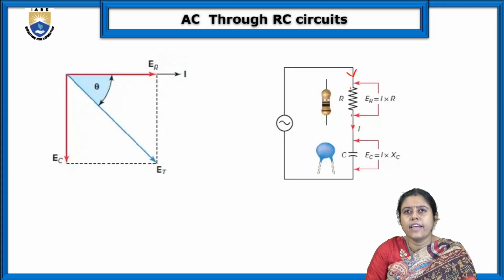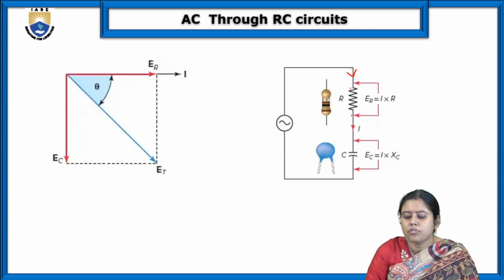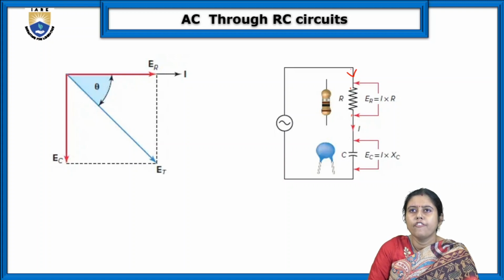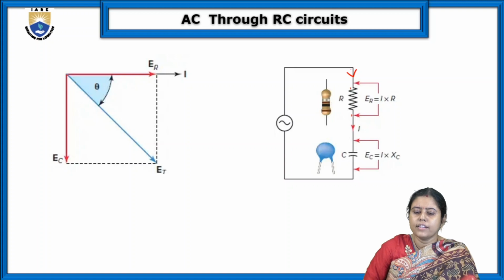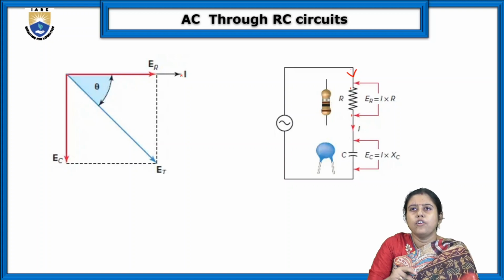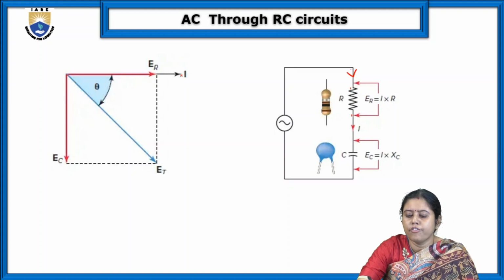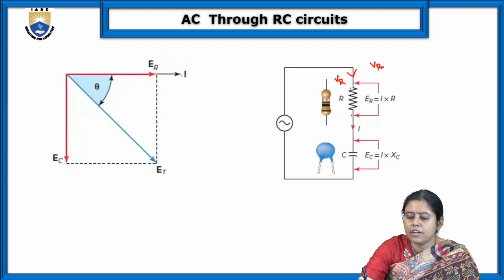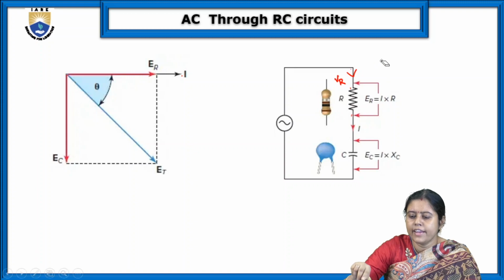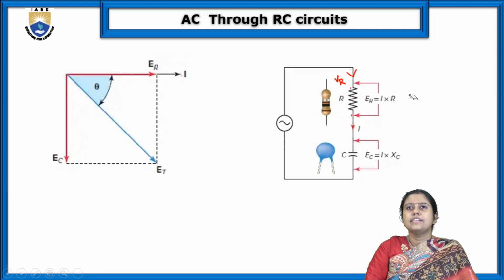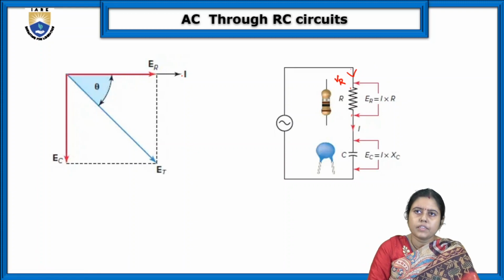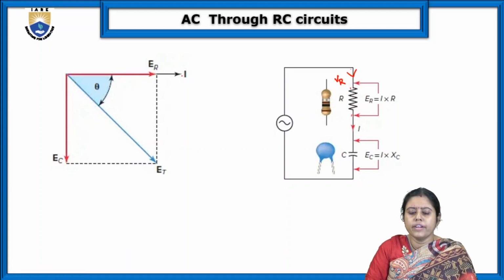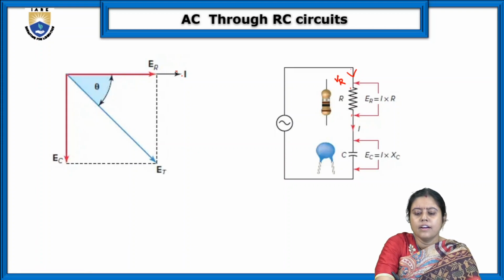So as we are taking the current I, in the resistor the voltage drop is VR, or here we wrote ER. ER is equal to IR. This is always following the current.